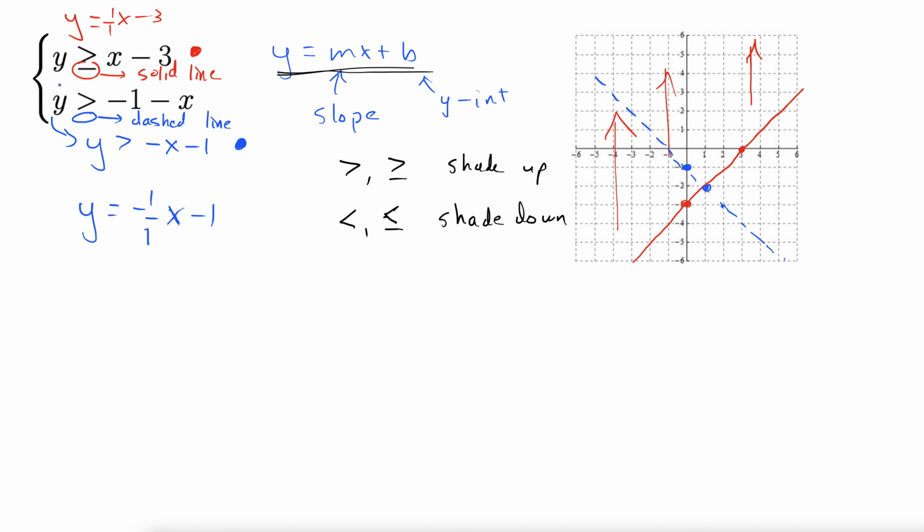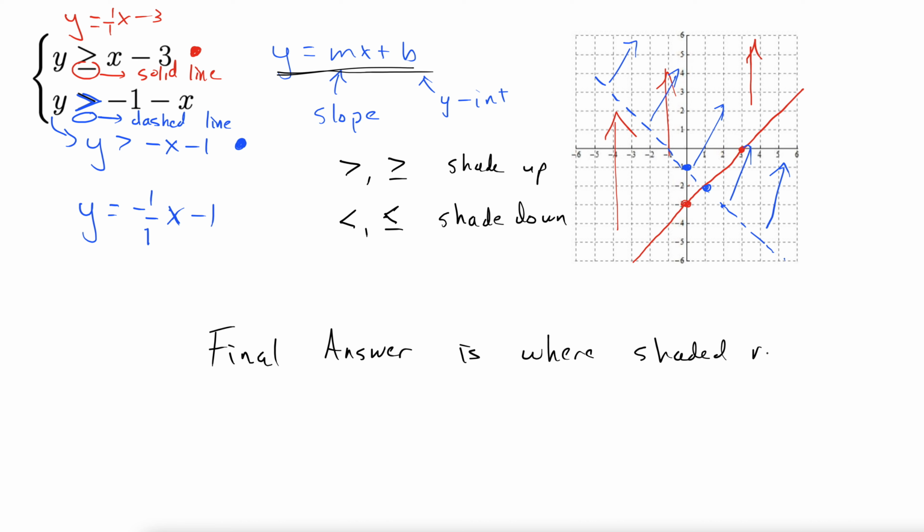This is greater than here, so it's going to be shading up again. So I'm going to draw in some arrows just to get the general idea of where the shading happens. Now our final answer is where the shaded regions overlap.